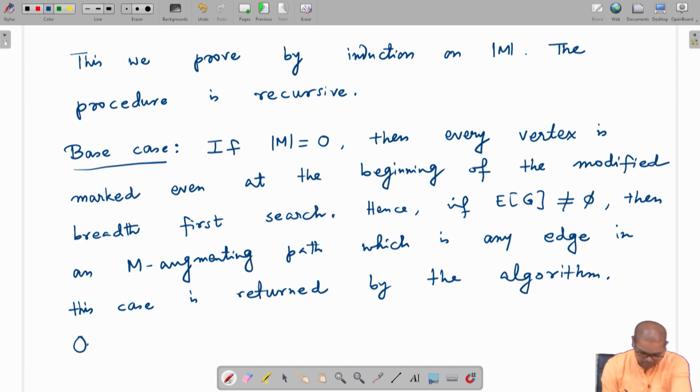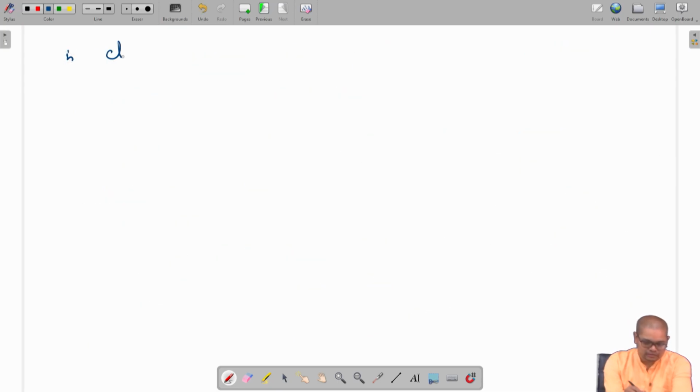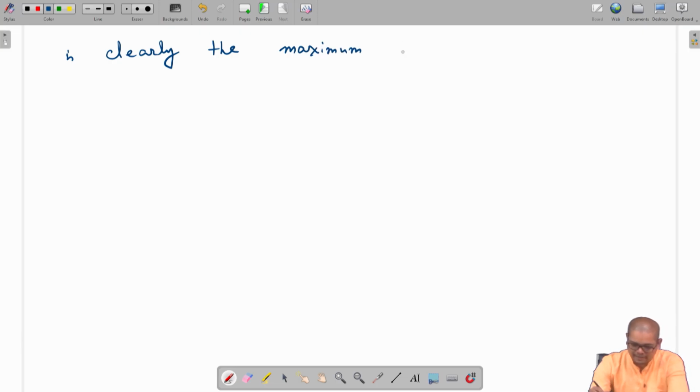On the other hand, if the graph is an edgeless graph, then the current matching M, which is an empty matching, is clearly the maximum cardinality matching.